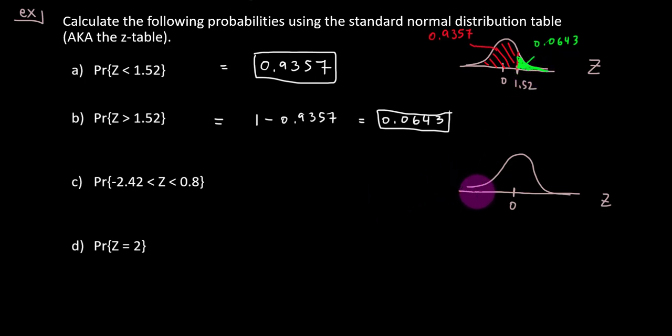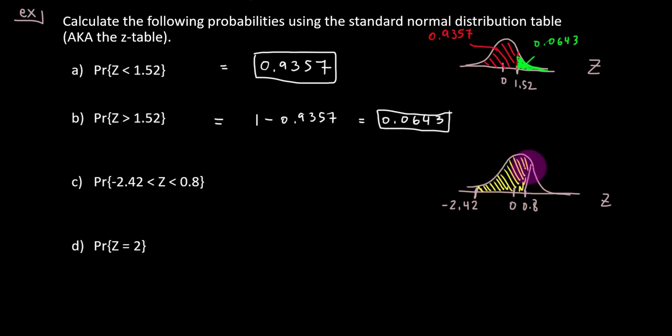And I want to put a tick mark over here for negative 2.42. It's kind of far away from 0. But 0.8, that's not that far from 0. And that is the region that I would like to find. It's in between those two tick marks that we just made.